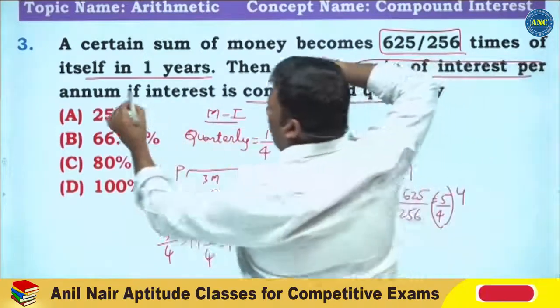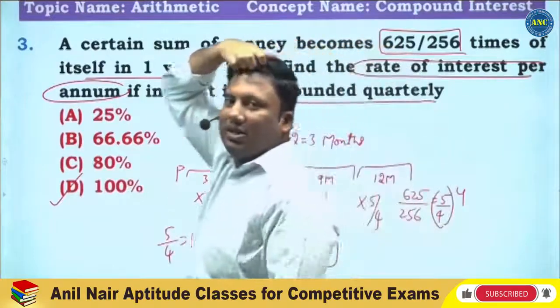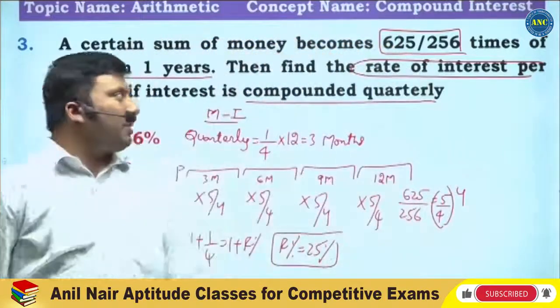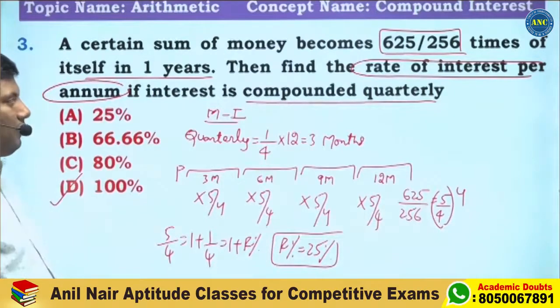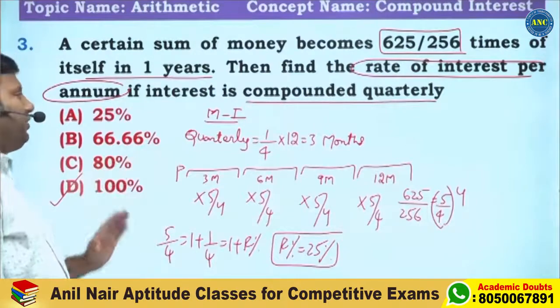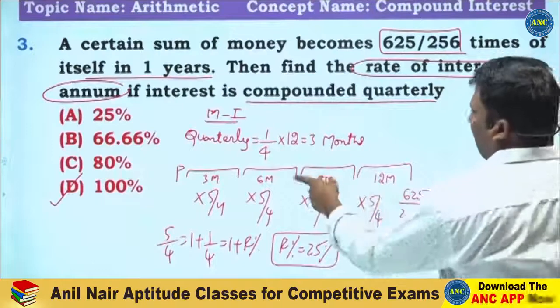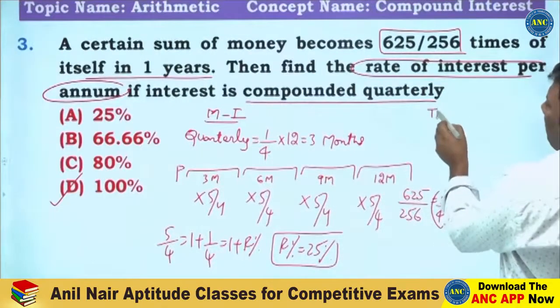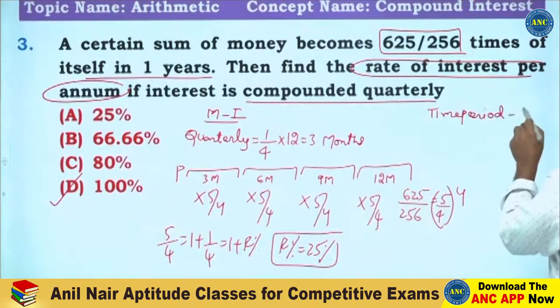Per quarter you got 25 percentage. Per annum it is 100 percentage. I hope the idea is clear. Is the idea clear? 625 by 256 power 4. Time period will go in AP.